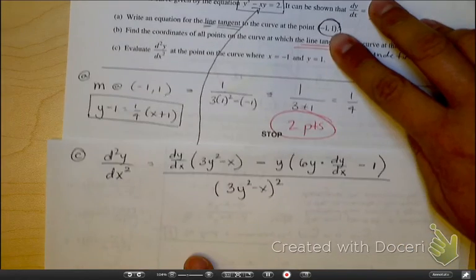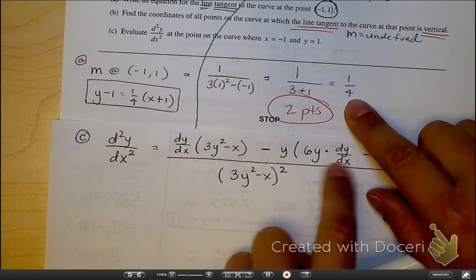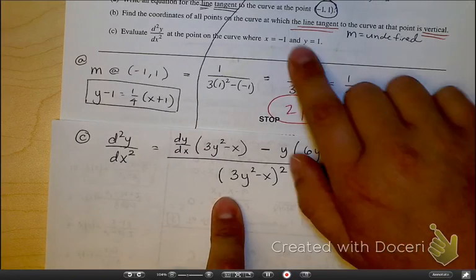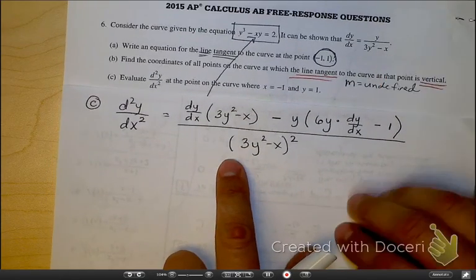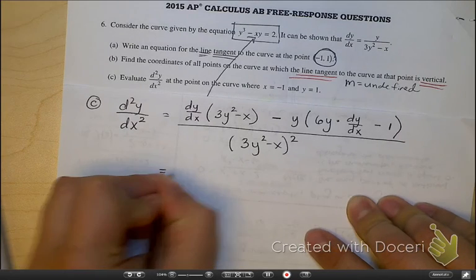So if you remember, the slope from part A was 1/4. So everywhere I see a dy dx in this problem, I can replace it with 1/4, because that is the slope of the line at -1, 1. So saves you some time. Of course, if you didn't realize that, you'd have to do it all over again, but if you do realize it, it saves you some time.